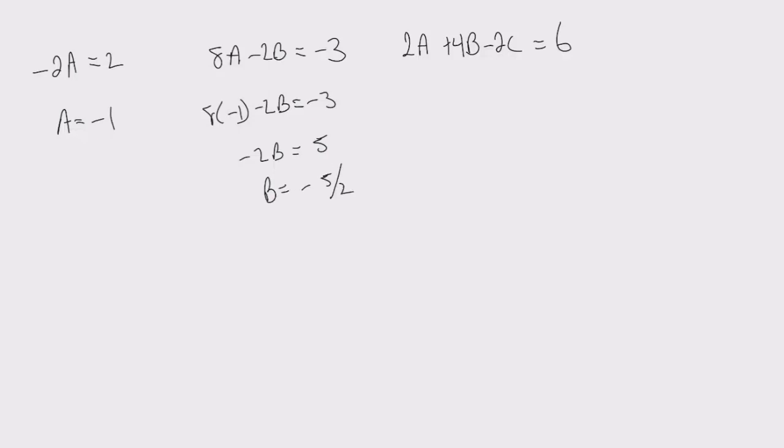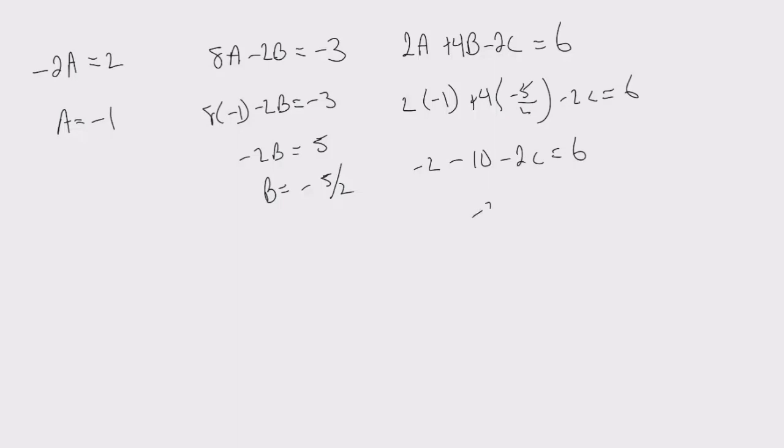And then the last one would be 2 times negative 1, plus 4 times negative 5 halves, minus 2c equals 6. So that's negative 2, and 4 divided by 2 is 2, so minus 10, minus 2c equals 6.